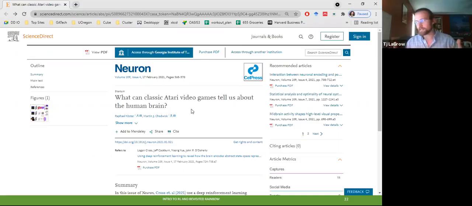What I haven't looked at is whether Rainbow itself, with all of the different components added, is more like our brain, and whether there might be even more components that we don't know about that we could add to the algorithm to add complexity. And then at that point, it's just going to be a lot more model-based neuroscience.